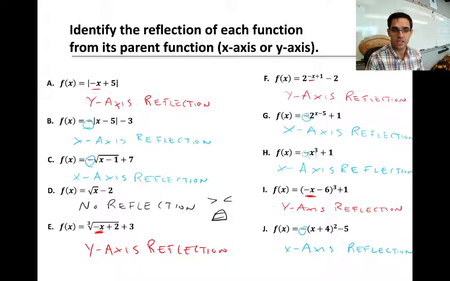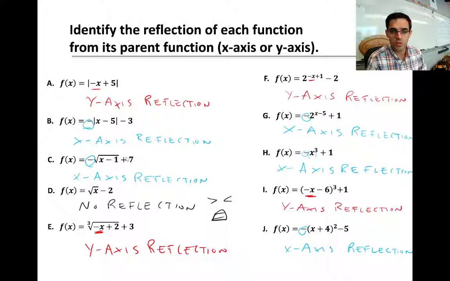And so you can take a look at these. You can see some examples. Notice example D, there is no reflection. The parent function is the square root of x. -2 would be a translation. It shifts the whole radical function 2 down, but it's not a reflection.